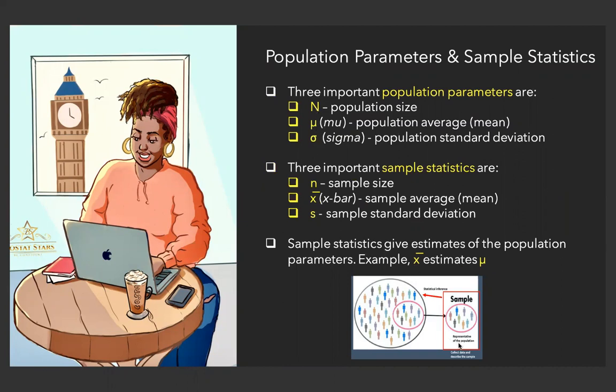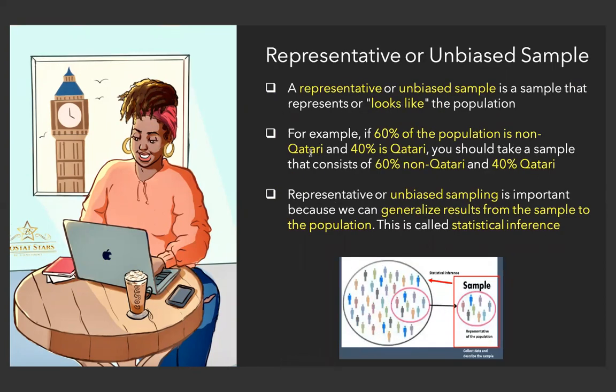And then the sample statistics, which are the characteristics that describe our sample, such as sample size small n, X bar, and the sample standard deviation. Now remember, sample statistics give us estimates of the population parameters, just like X bar helps us get an estimate of mu. These are very important basic concepts that we need to have.